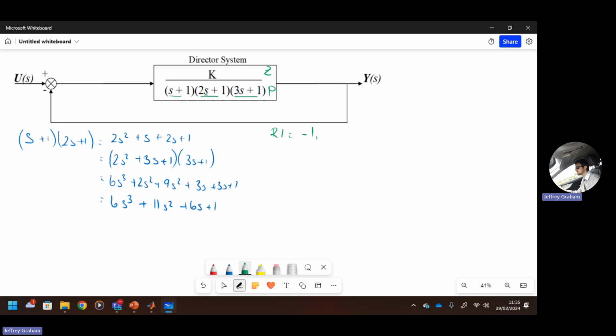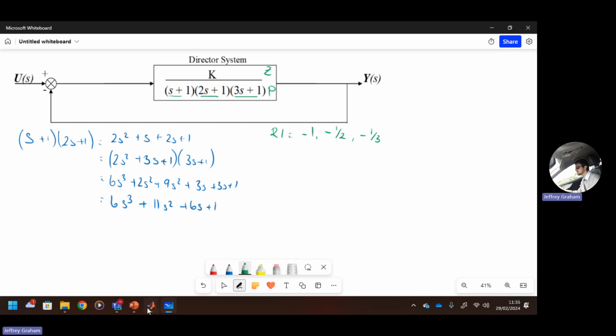S is also -1, but it's got twice the value, so this one ends up being at -0.5. And with this one, it becomes -1/3.